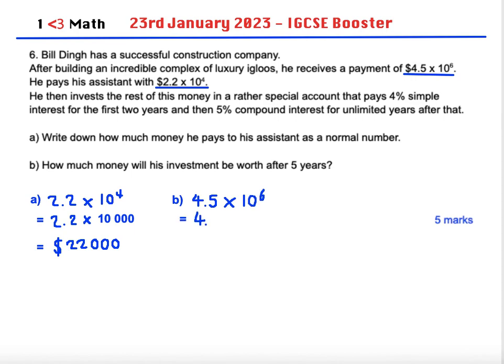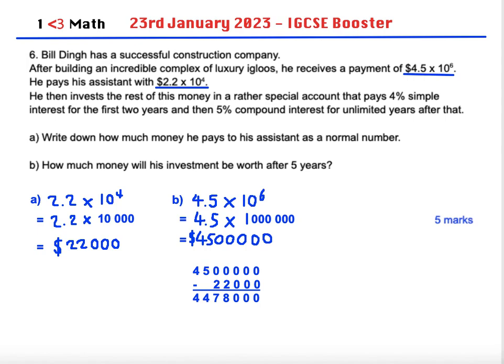So 10 to the 6 is 1 and 6 zeros, just as 10 to the 4 was 1 and 4 zeros. So 4.5 times a million is $4,500,000. So that's the size of the payment. We now need to subtract 22,000 from that value, and that gives us $4,478,000. Don't forget your dollar sign because we're dealing in money.